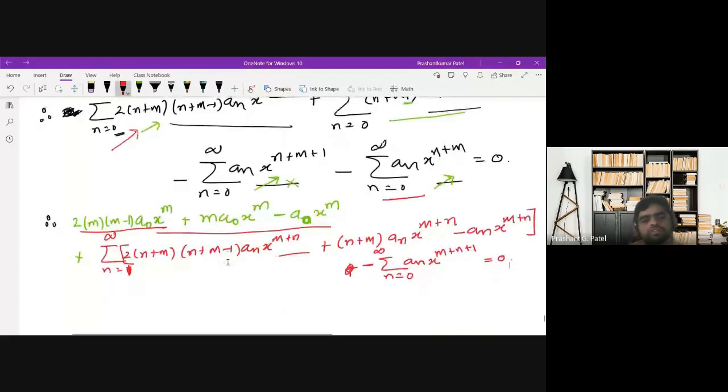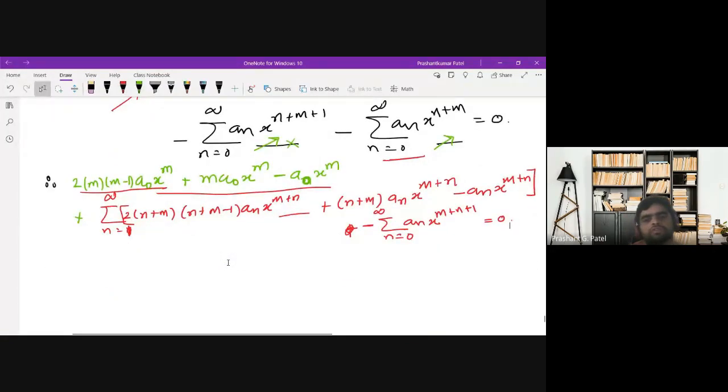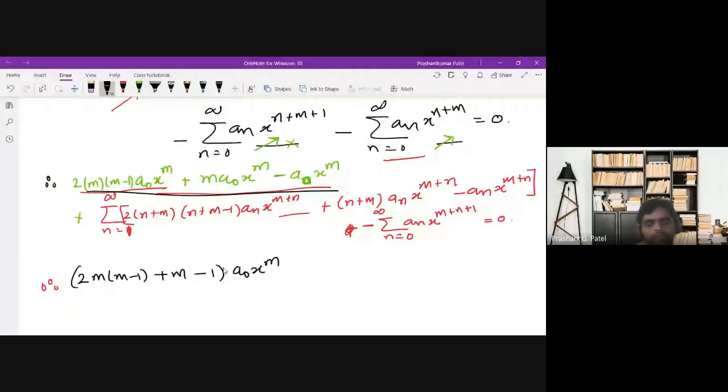So this is the thing we got. Okay. This I can rewrite as 2 into m minus 1 plus m minus 1. So I'm taking a0 x power m common out of these 3 terms. All the other terms I have just taken out this a0 x power m common. So we'll have this quantity, plus summation.